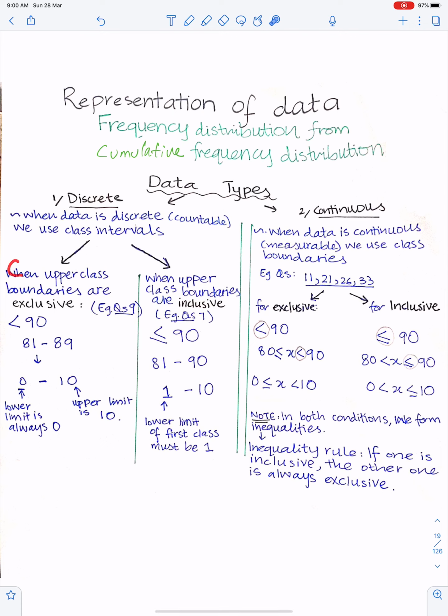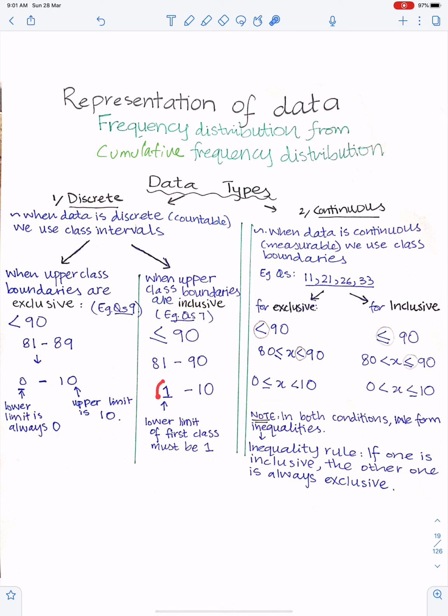When upper class boundaries are exclusive, like this thing, 90, then the upper limit of the class interval will be 89, one less, because this is exclusive. When the upper class boundaries are inclusive, then the upper limit of class interval must be same, 90.